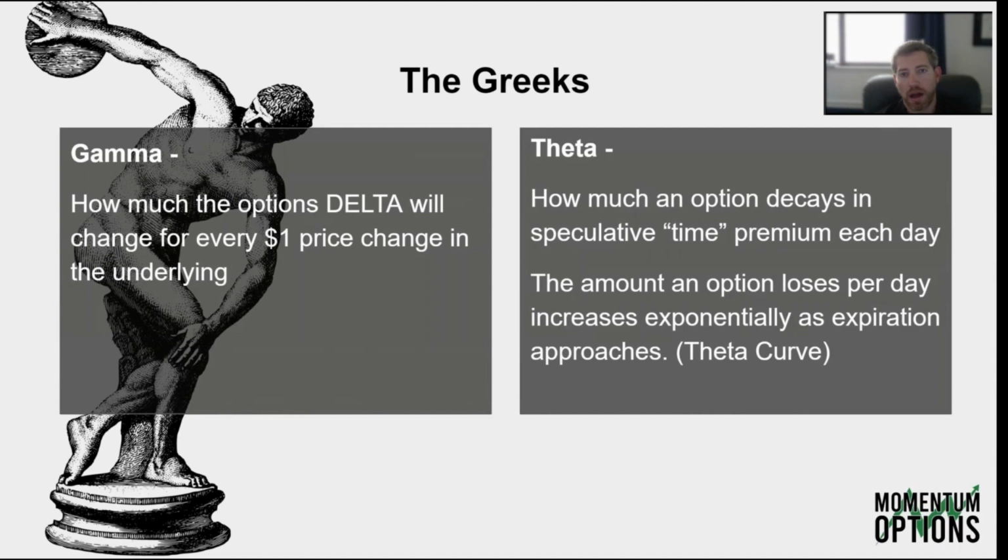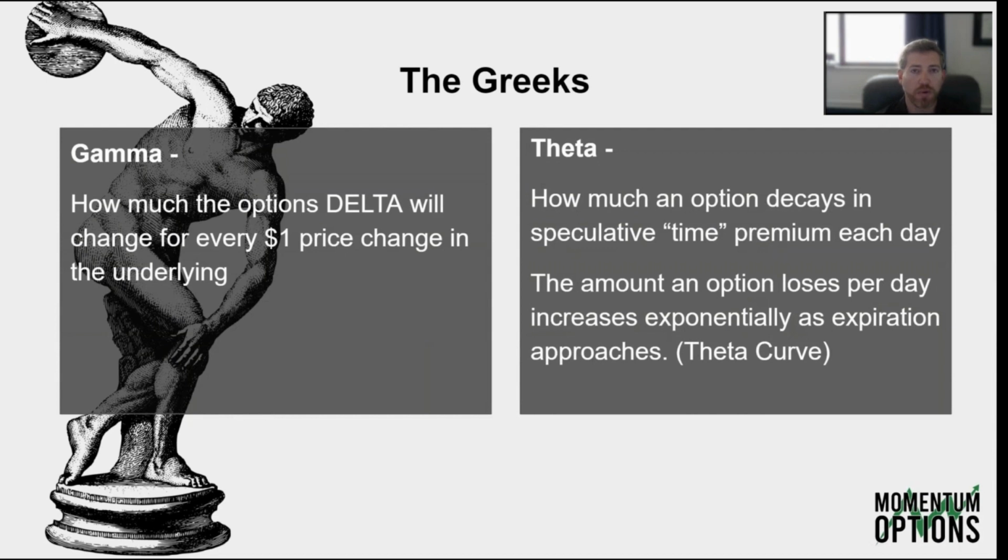Now, another example of where something increases exponentially as expiration approaches is theta. Theta is our speculative time premium. This is that premium that's priced in saying, how far can price potentially go? We have this much time left. How far could it get?